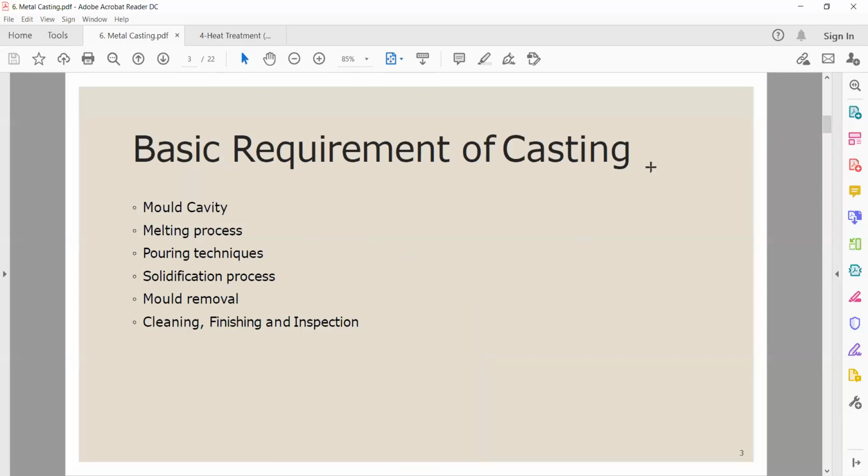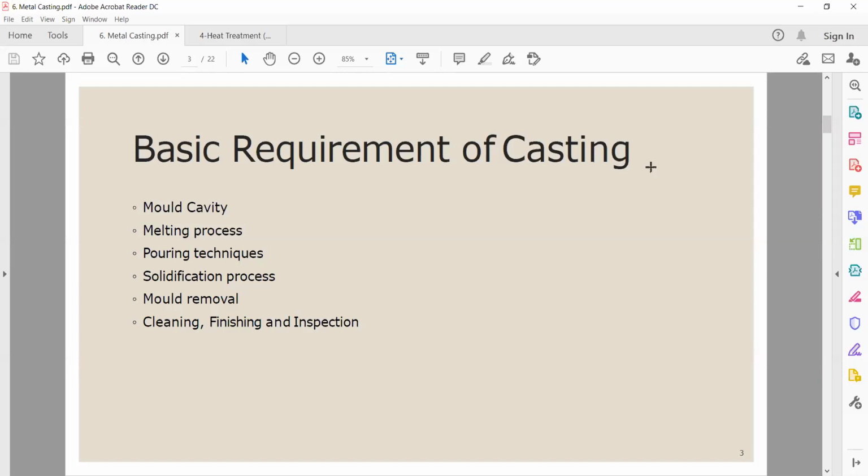Okay, so if you need to have molten metal, then definitely you have to know the melting process of the metal. Then only you can have the liquid form of the metal, right? Then you need to know the solidification process, right? Then you need to know how you can remove the mold to take that solid part of the design.